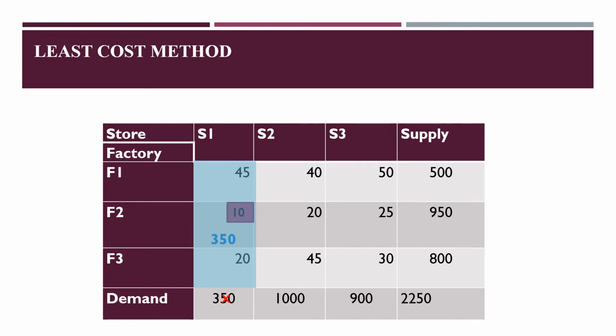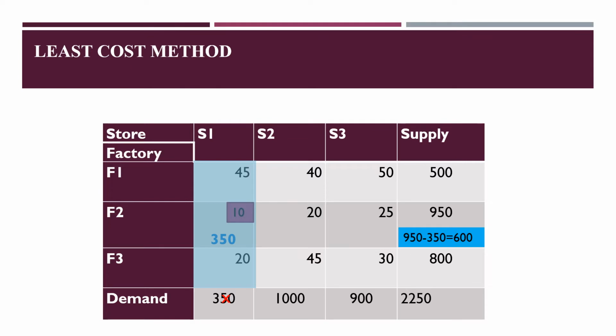Then out of these remaining 6 cells, what is the lowest cost? Out of these 6, 20 is the next least cost. So, how much quantity can we allocate? Here, you can see when we allocate 350 from F2, we can only allocate 600 units.